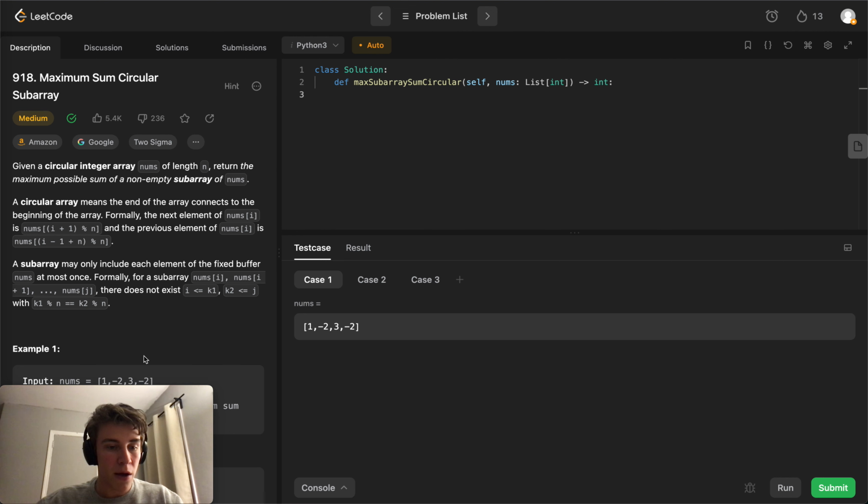Okay, a subarray may only include each element from the fixed buffer nums at most once. Formally, for a subarray nums[i] to nums[j], there does not exist k1, k2 such that k1 is smaller than k2 and k2 is smaller than j.